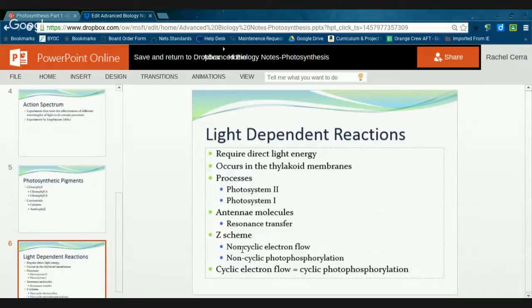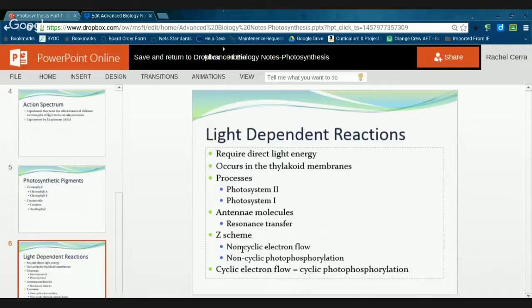As they fall back down, in the next picture you can see them falling back down. What's going to happen is the adenosine diphosphate and an extra phosphate are going to be combined. As the electron's coming down, it's going to decrease in the amount of energy. As it's going down, it's going to provide the energy necessary to bind ADP with another phosphate to make ATP.